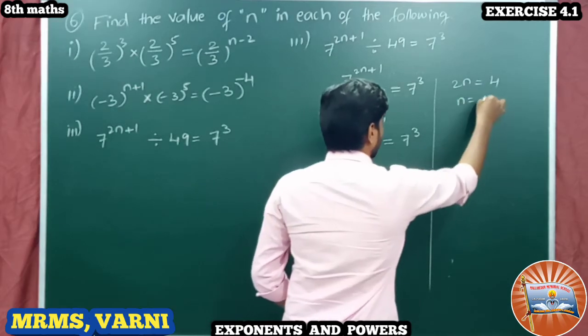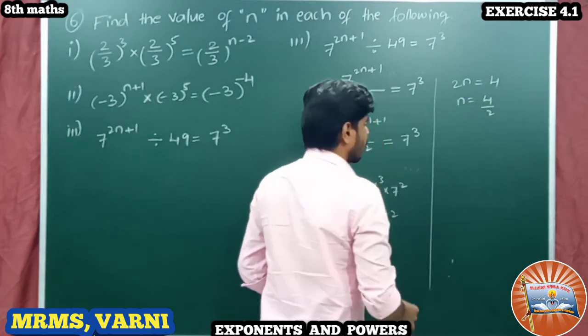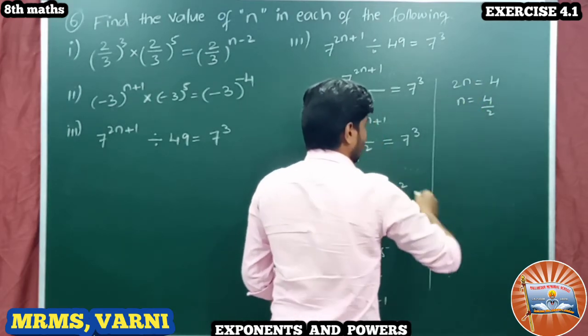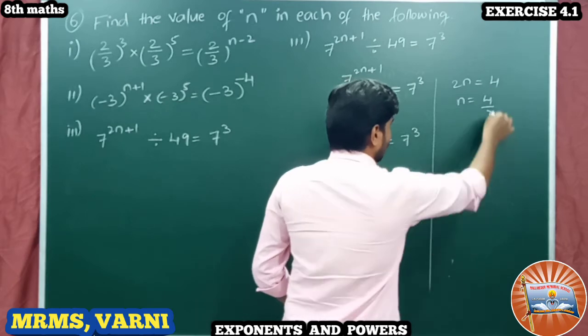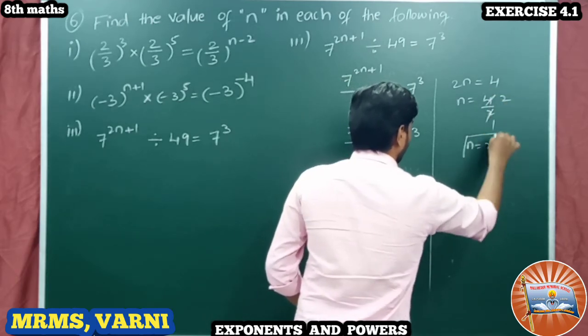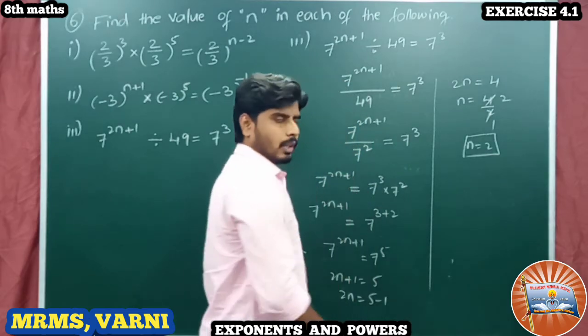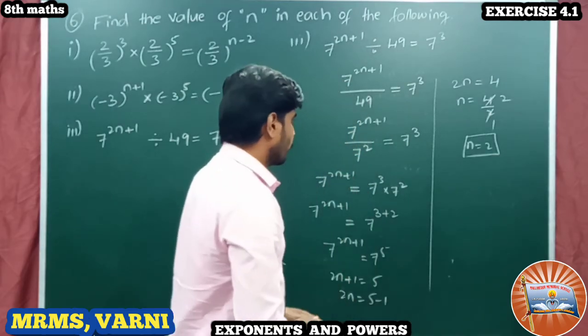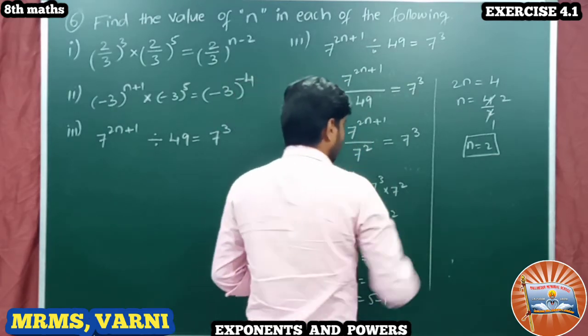So n is equal to 4 by 2, transposing the 2 to the RHS, 2 1s are 2, 2 2s are 4, n equals 2. This is one way. So n equals 2 is the answer.